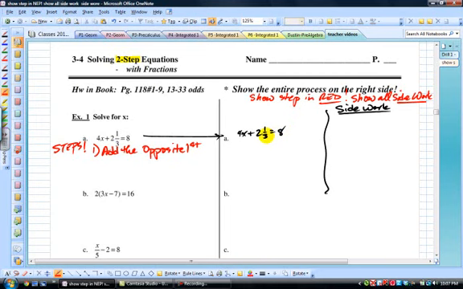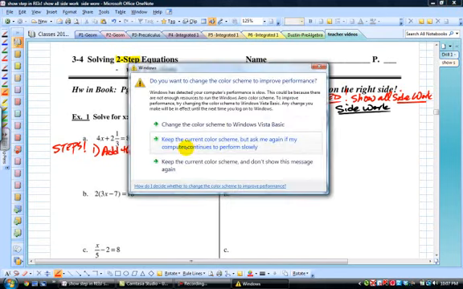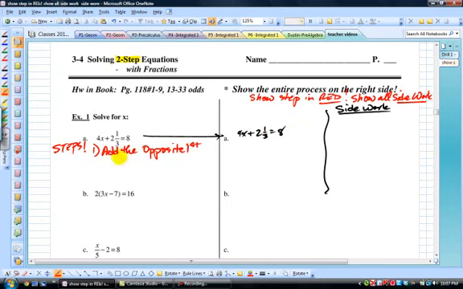Or you can think of it as subtracting 2 and 1/3 to both sides. So I could write it as add or subtract first. Add the opposite is basically the same thing. So I'll put it right here, add or subtract whatever the inverse is. Whatever's given. So I'm going to add negative 2 and 1/3 to both sides, or you can think of it as minus 2 and 1/3 to both sides.